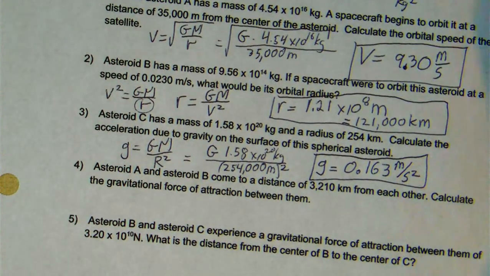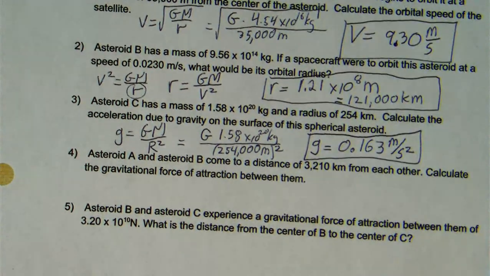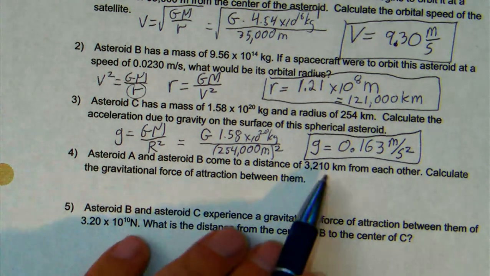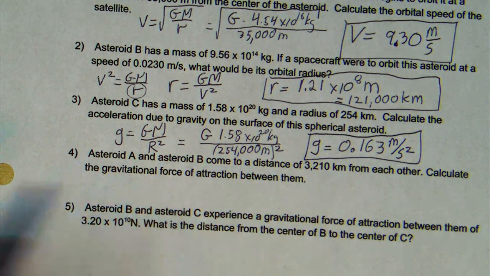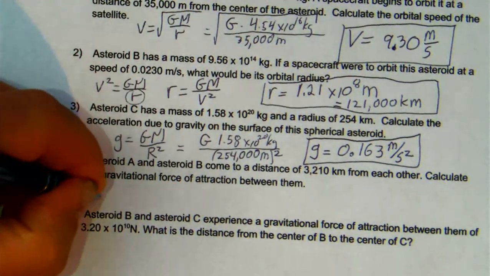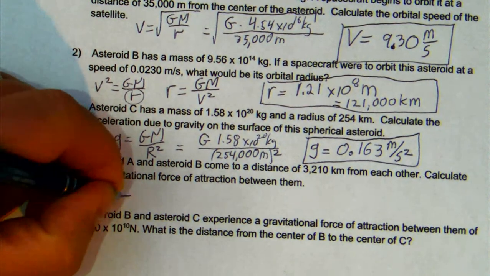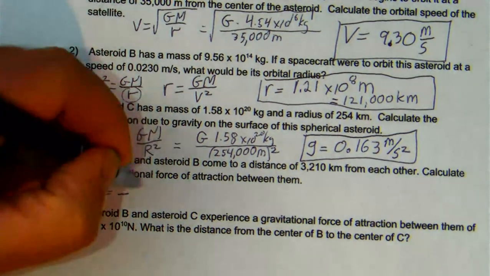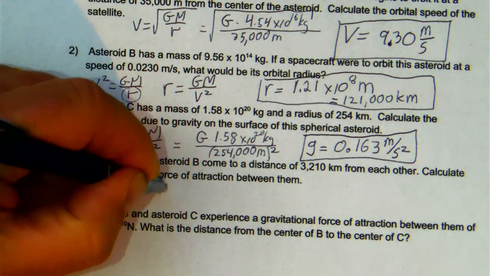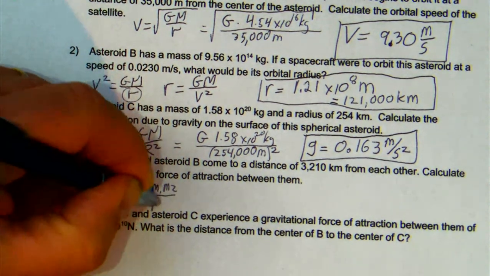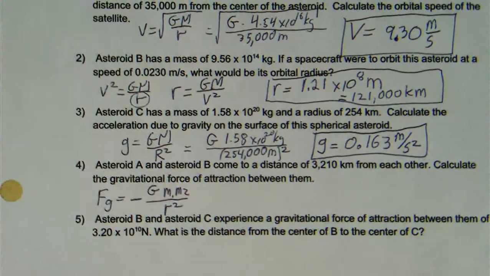Number 4. Asteroid A and asteroid B come to a distance of 3,210 kilometers, not meters, from each other. Calculate the gravitational force of attraction between them. Well, the gravitational force of attraction between them is an attractive force equal to the universal gravitational constant, capital G, times mass 1 times mass 2, divided by the distance from the center of one object to the center of the second object squared.